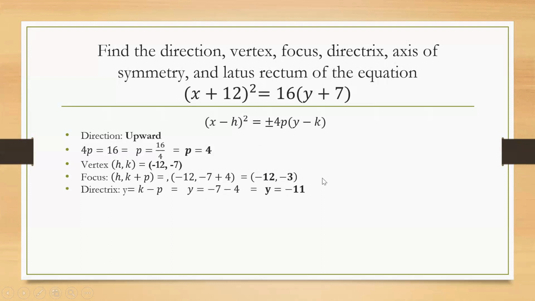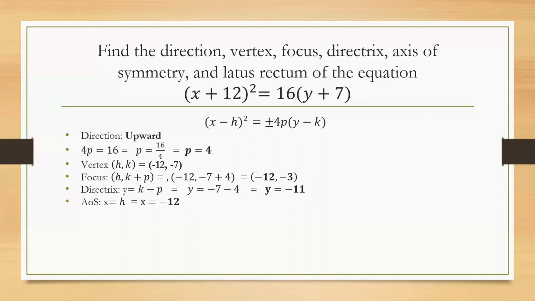For our directrix, we do the opposite. Y equals k minus p. So put in the values. -7 minus 4, which will give us -11.